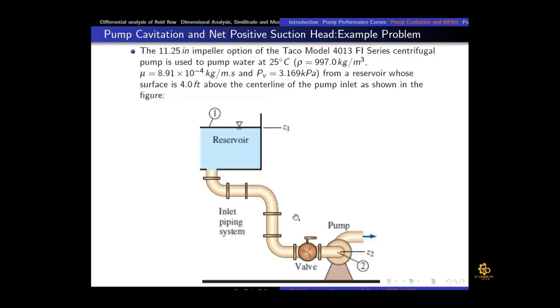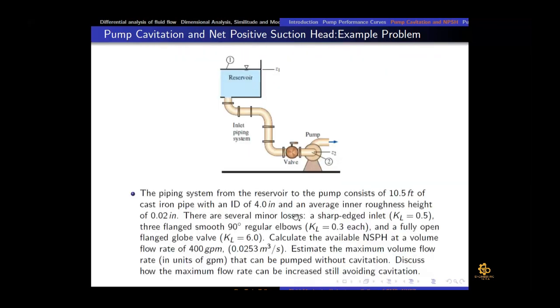Now the piping system from the reservoir to the pump consists of 10.5 feet of cast iron pipe with an internal diameter of 4 inch and an average inner surface roughness epsilon of 0.02 inch. There are several minor losses, which include a sharp edge inlet, KL value 0.5, then 3 flanged smooth 90-degree regular elbows.